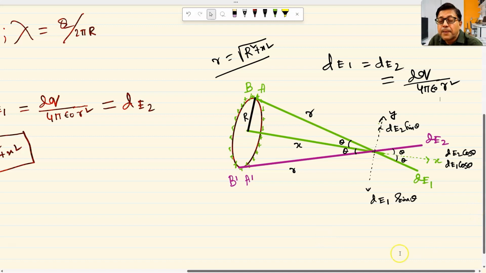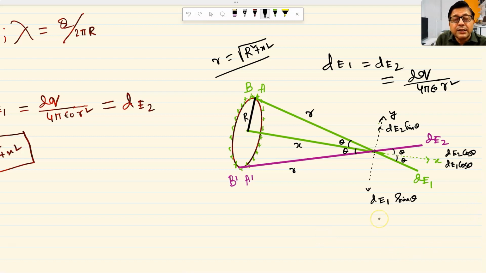Now one thing is clear, this portion is symmetrically opposite to this portion, so their components along y-axis get cancelled. It exists along x-axis only. So if we want to calculate net field at the point P, it will be along x-axis only.